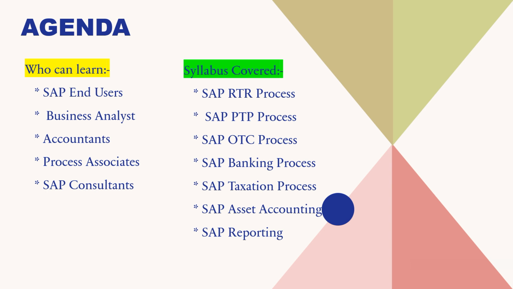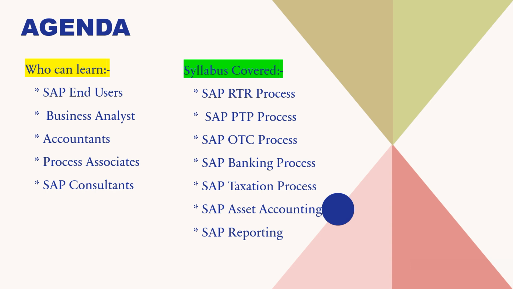Similarly, we are also going to learn asset accounting from the end user point of view, like how to acquire the asset, how to capitalize the asset, how to run the depreciation, how to retire the asset, in retirement how to scrap the asset, then how to transfer the asset. All this process we are going to learn in the asset accounting part.